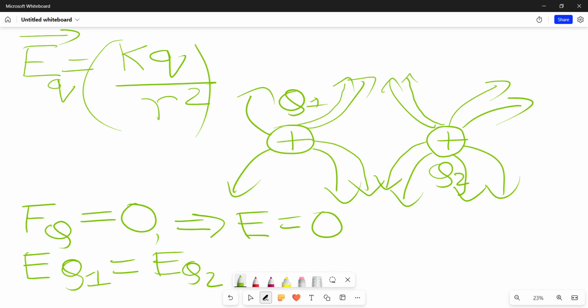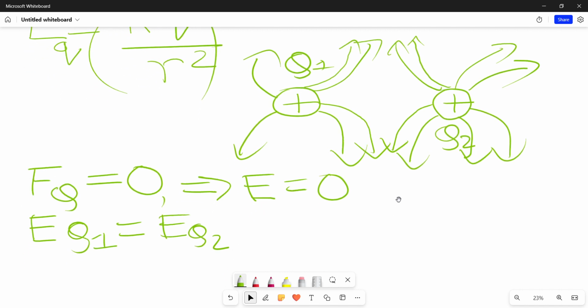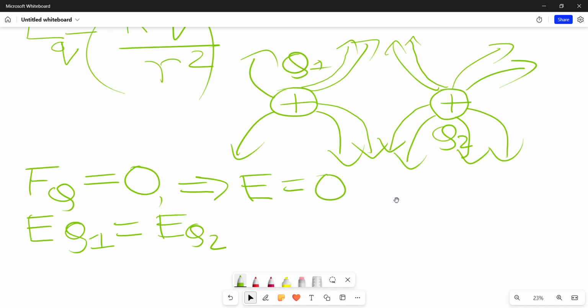At that point where the two fields equal each other, we know that they cancel out each other's effect. So we know that it has to be 0 somewhere here. So all we need to do is make an equation and solve for it. In this case, we know that it has to be in the middle.